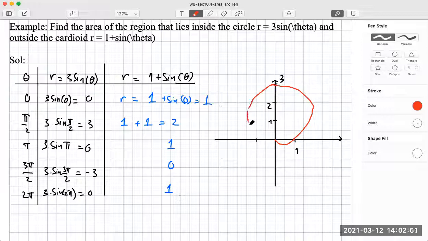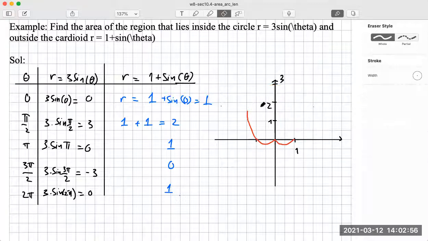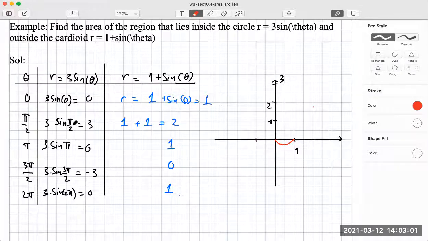Let's look at the graph of 3 sine theta. At 0 it is 0, this point, right?